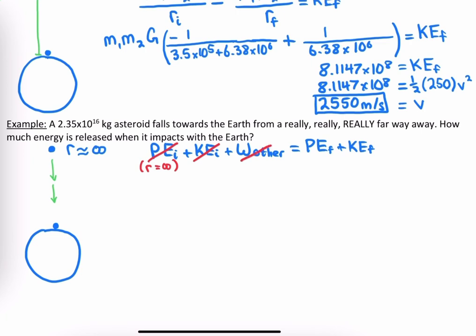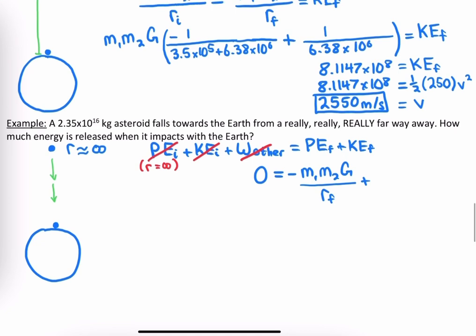So this ends up looking a little bit weird. We have nothing on the left and potential and kinetic energy on the right. So 0 equals potential energy final plus kinetic energy final.